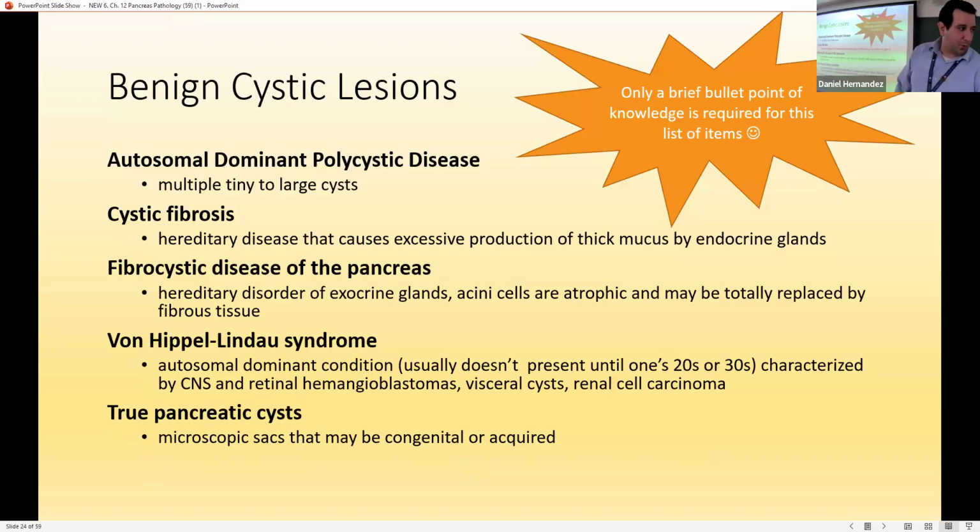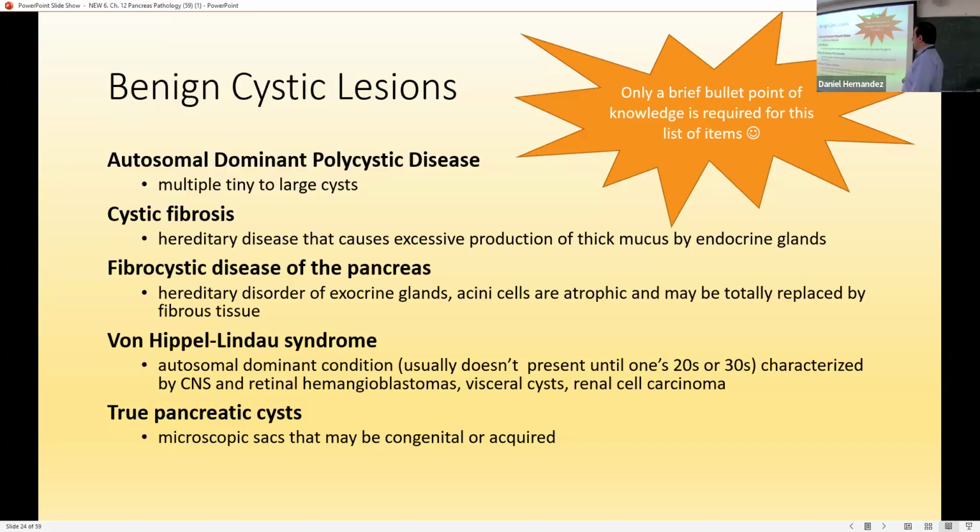Now getting into some more discrete lesions. It's good practice, when you're studying all the various organ systems, to break things down into benign versus malignant. I know boards likes to break things down that way.